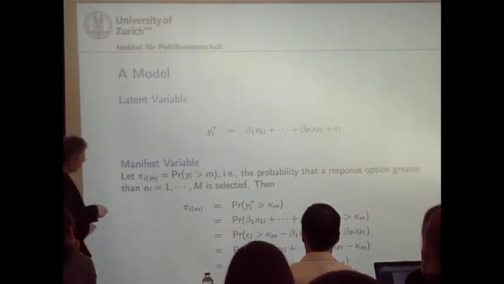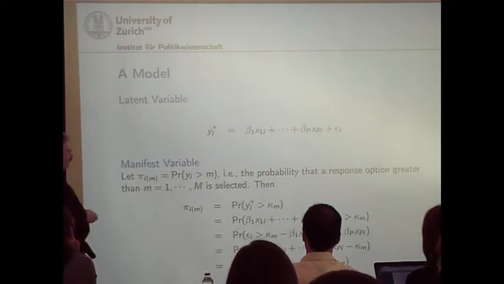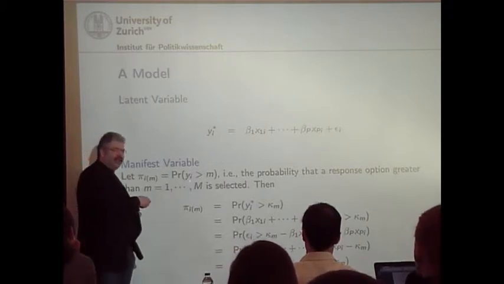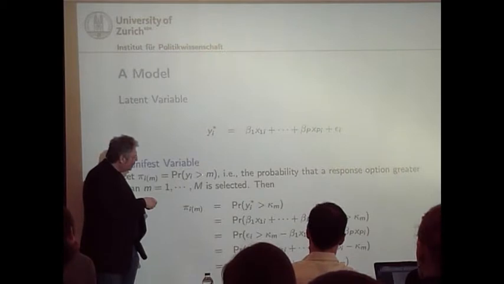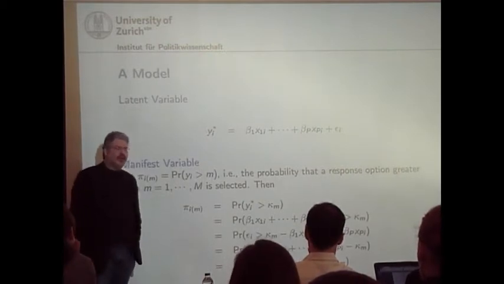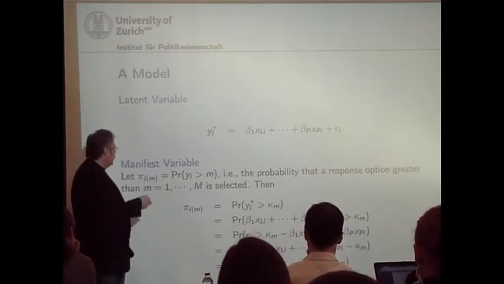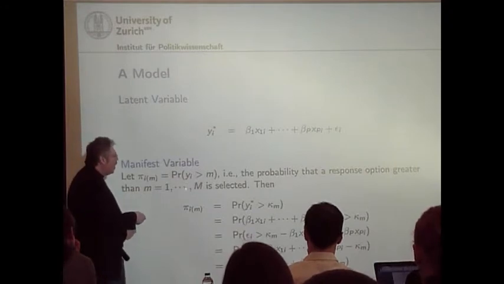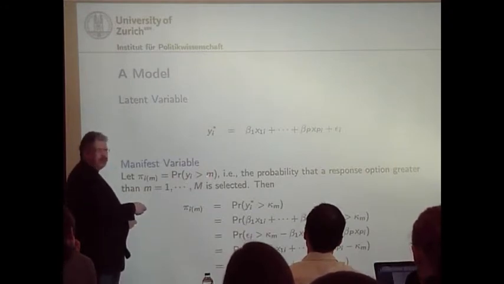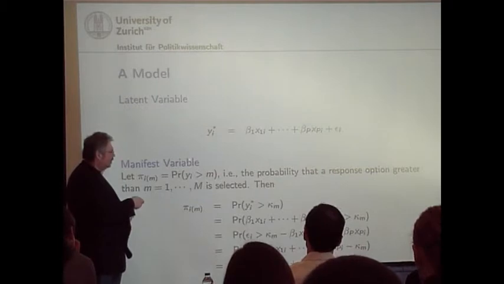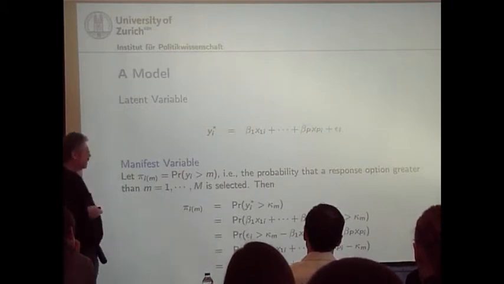That is just shorthand to say the probability that an individual i's response is greater than some category m. So I can say, well, the probability that the response is greater than 1, the probability that it is greater than 2, and so on.